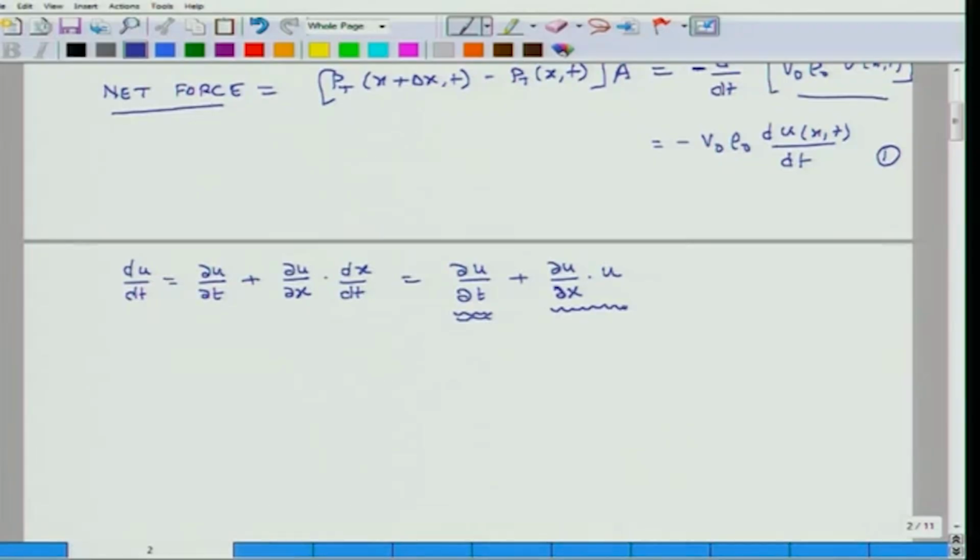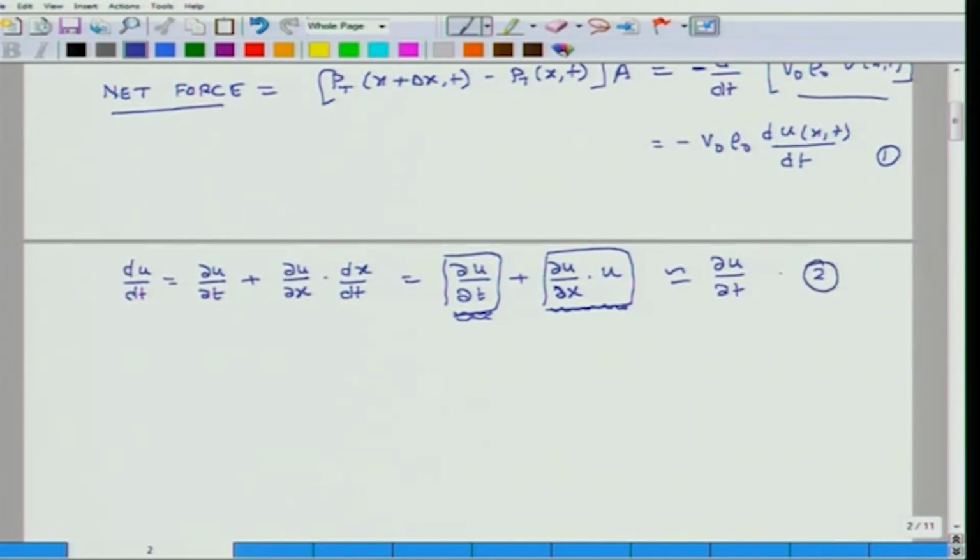So, if that is the case, then this term, because it is a product of two small entities, is extremely small compared to this term. So, then this approximates to del u over del t.